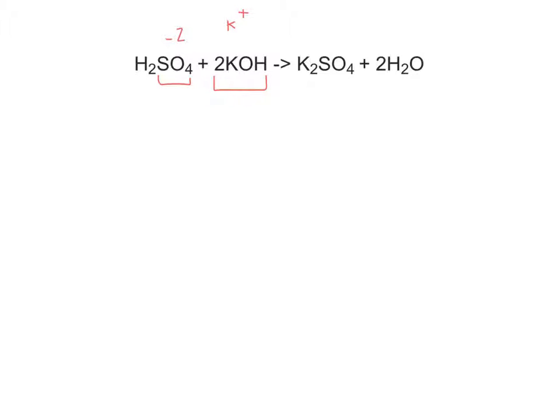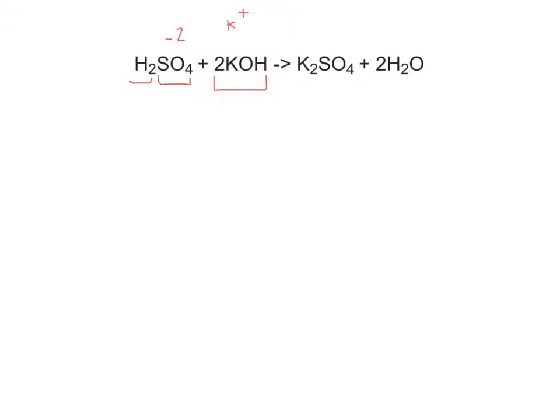And just because we have 2 potassiums, that means we have 2 hydroxides. And you'll notice right here, we had 2 hydrogens. Each hydrogen is +1, and as a result, we get 2 waters.